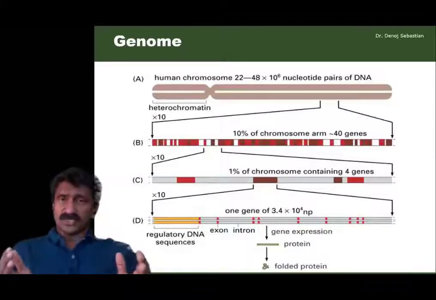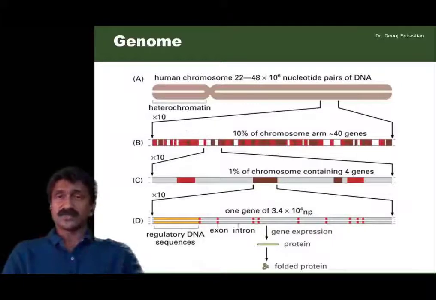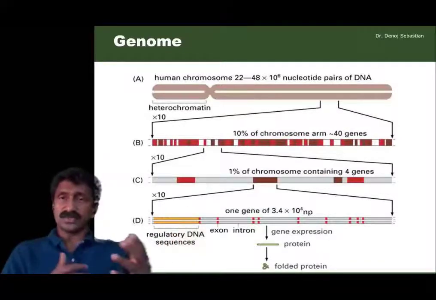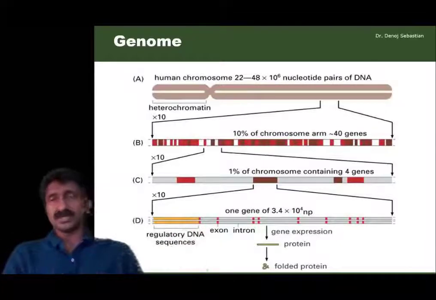So this 1% of the chromosome 20, which is supposed to contain about 4 genes, will have its own regulatory sequences, introns, exons, and various other regions, including intron regions which are supposed to be removed, and junk DNA. All these things will be present in between that 1% along with the 4 genes that are present in that 1%.